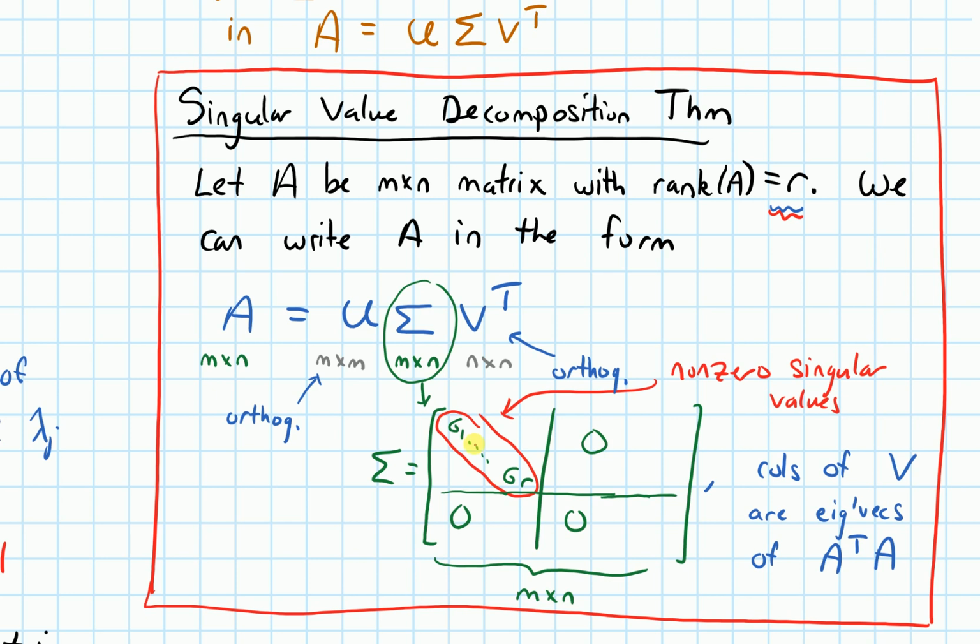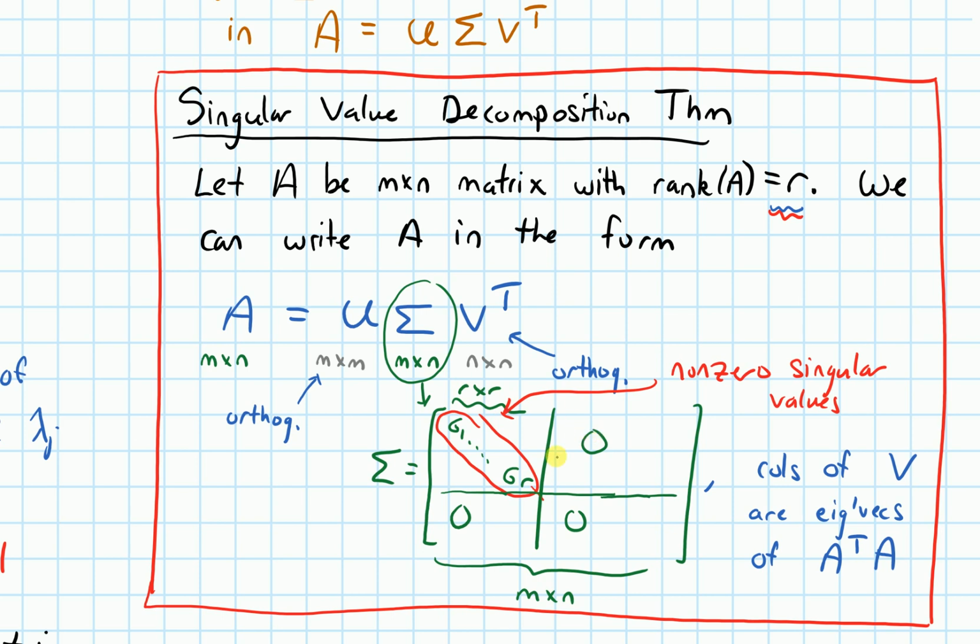There might be other singular values that are 0, and those will extend past this diagonal. They would continue down further. And then everything else that's not in one of those spots is 0. So this matrix needs to be an m by n matrix. If I look at just this portion in the upper left, it is r by r.